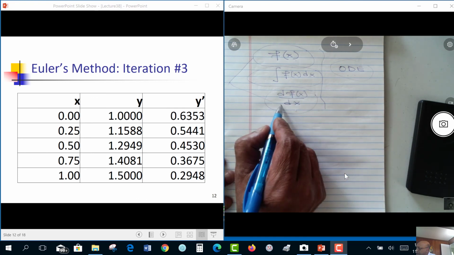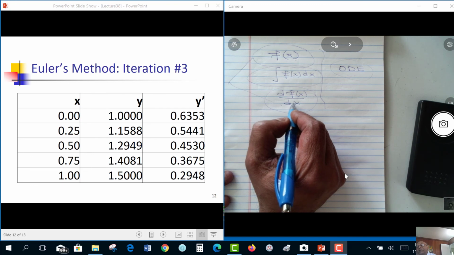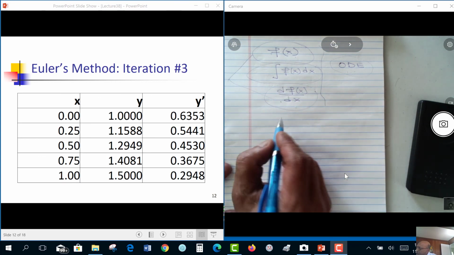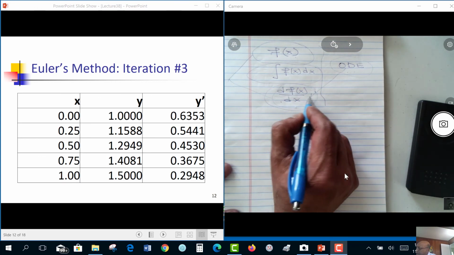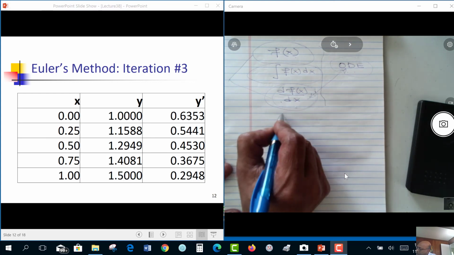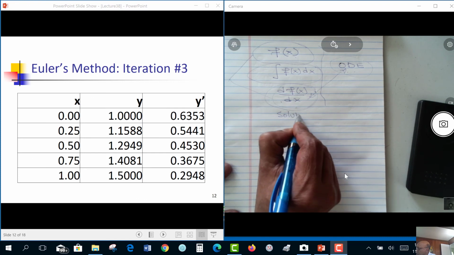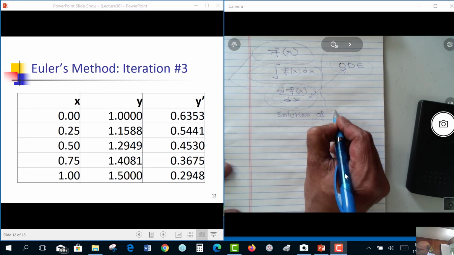Now what we can do is, to solve an ODE, we can combine these two ideas. We can take the derivative, write it in finite difference expression form, and solve a system of equations. So now in order to solve ODEs, if we combine this idea with solution of linear systems or non-linear systems, right?